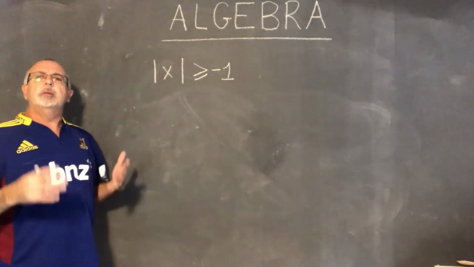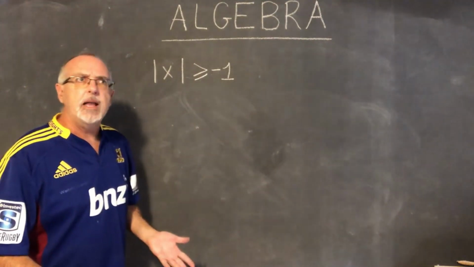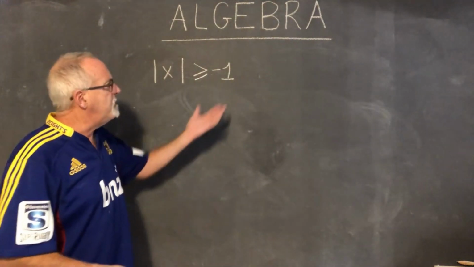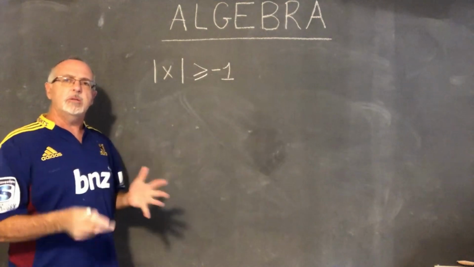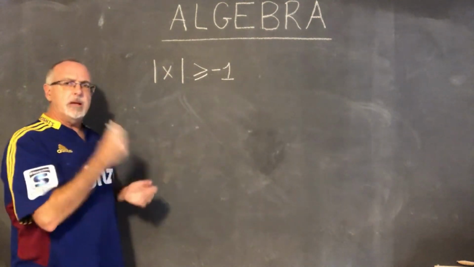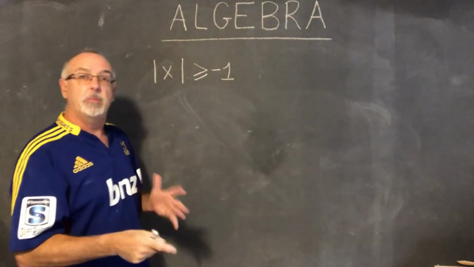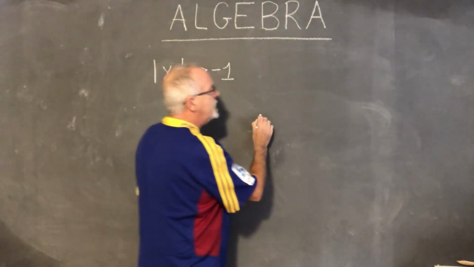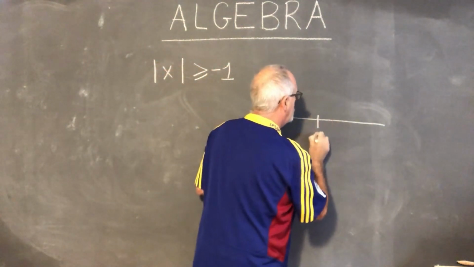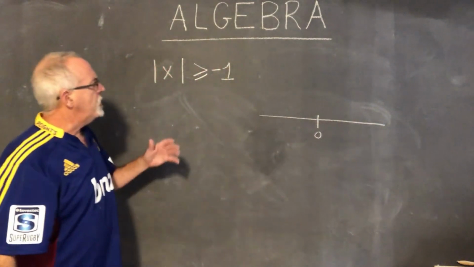And it also tempts us to just jump to an answer. It's good to think about what we think the answer is going to be, but it's also good to take our time and show the steps and make sure that we feel comfortable that we have figured out the answer. I'm going to start by drawing my number line and putting my 0. I always like to show that 0.